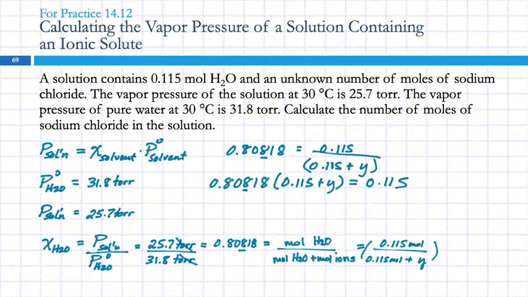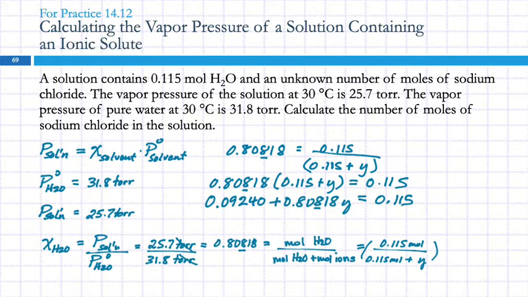So we've got 0.80818 times 0.115, 0.09240. Plus 0.80818 times y is equal to 0.115.